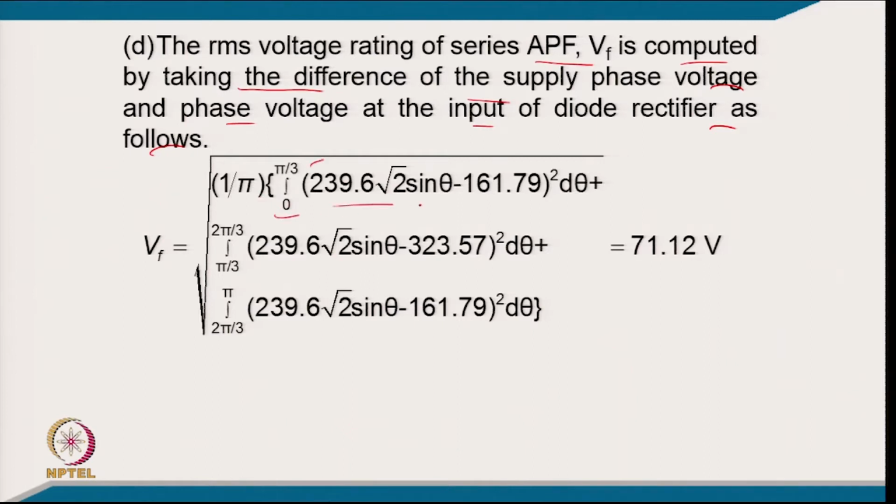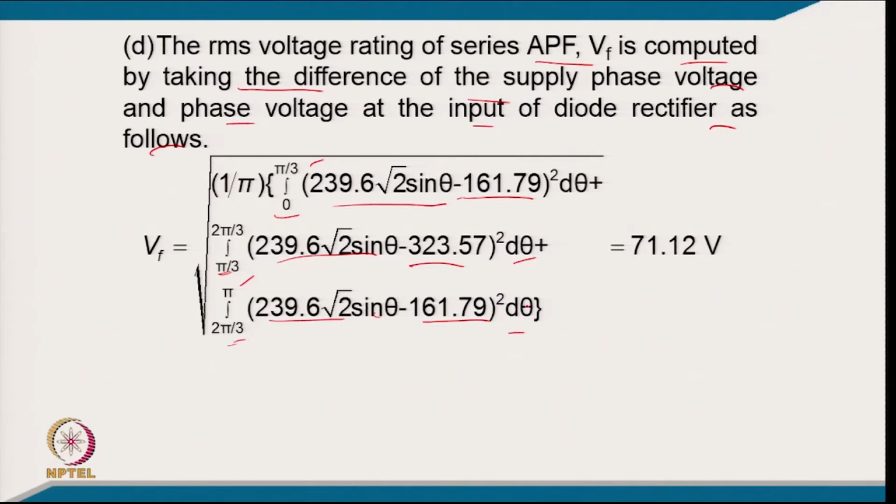So, it is from 0 to pi by 3, the sine wave of 239.6 into root 2 sin theta minus the VDC we calculated by 3, whole square d theta; second segment, pi by 3 to 2 pi by 3, again the sine wave of 239.6 into root 2 sin theta minus 2 VDC by 3, that is 323.57, square d theta; plus the third segment, 2 pi by 3 to pi, 239.6 into root 2 sin theta minus VDC by 3, that comes 161.79, square d theta.